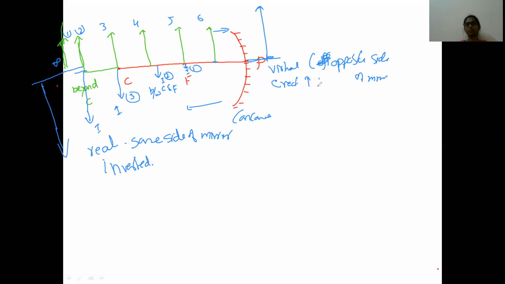It will stand like this, it won't be inverted, it will always be upright, erect, what we call. And see, an enlarged image is formed. Here it is point size, and here it is diminished, meaning smaller in size, here it is the same size, and here it is enlarged size. So in real and inverted images, all possibilities are there, four possibilities, but here in virtual erect, only enlarged is there.